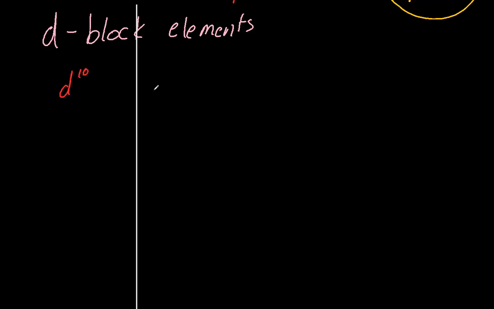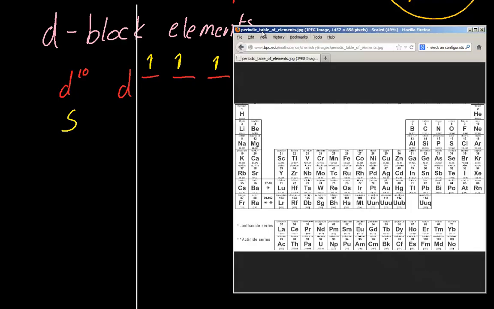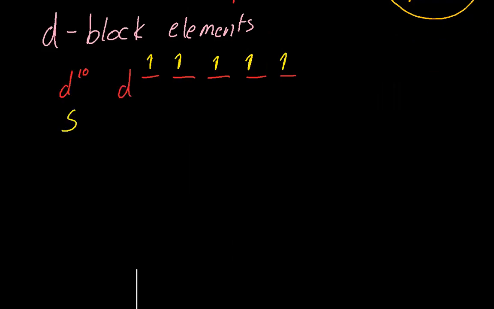This is written as d with 5 different orbitals. D block elements will prefer to fill these orbitals at the expense of an s orbital. Maybe doing an example would help me explain what that means.